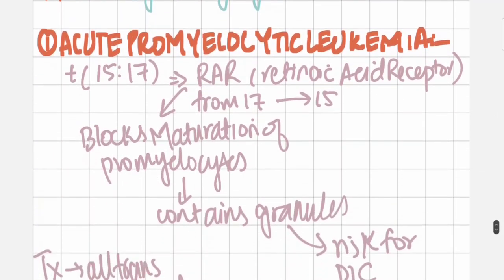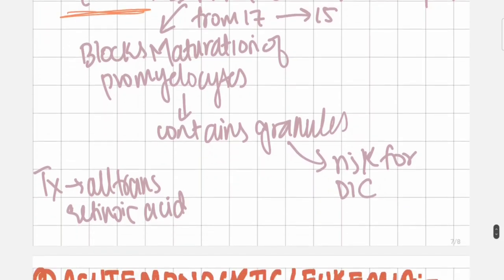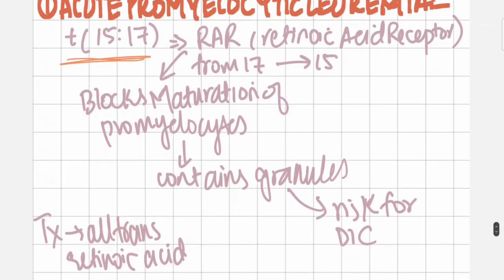So the first is acute promyelocytic leukemia. In this, the pathogenesis is t(15;17). Now I explained the Philadelphia, but this is not Philadelphia, I'm sorry. This is 15;17. That is a retinoic acid receptor.